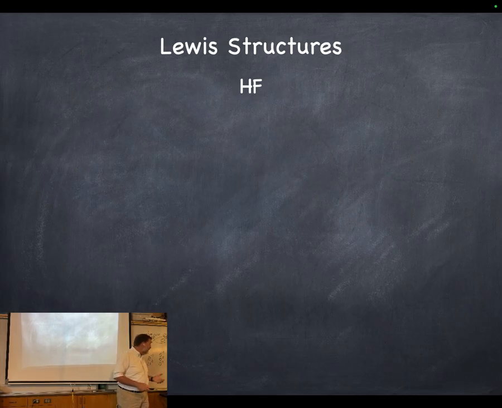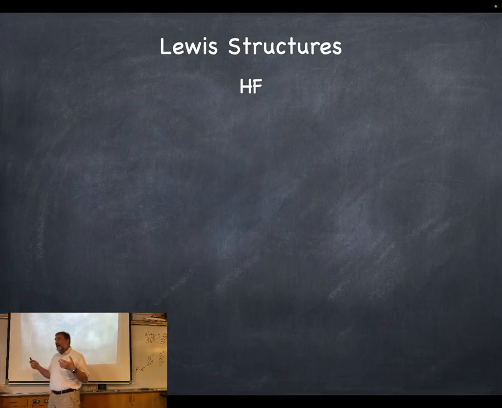They have similar electronegativities. In the gas phase, they are going to be held together by covalent bonds. Now let us think about how we can figure out those covalent bonds. And I'm going to teach you a process to go through.